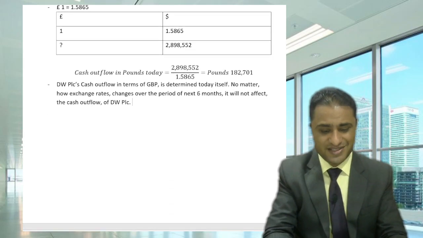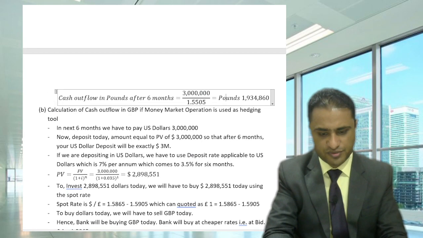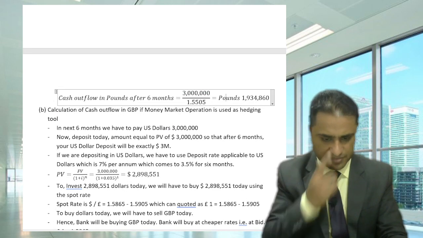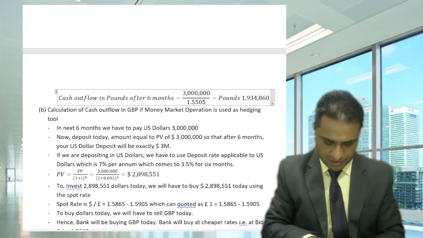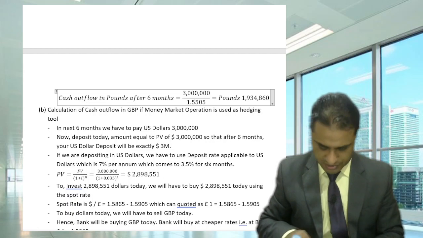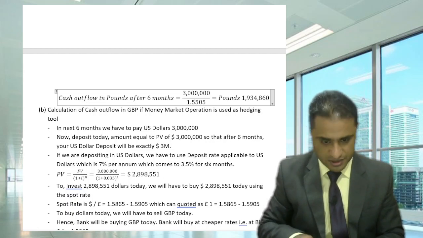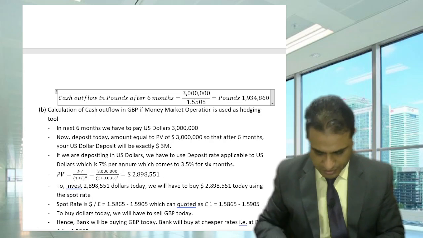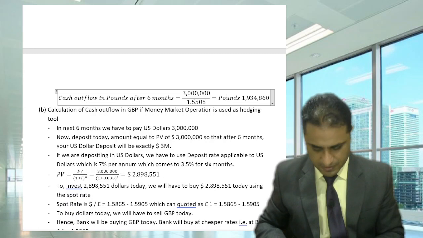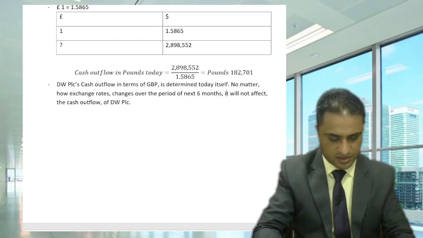And in this case, this outflow of 182,701, how this figure is missing? 1 minute, I will have to recheck. 3 million divided by 1.5505, which is 1,934,860. Yeah, it is okay.